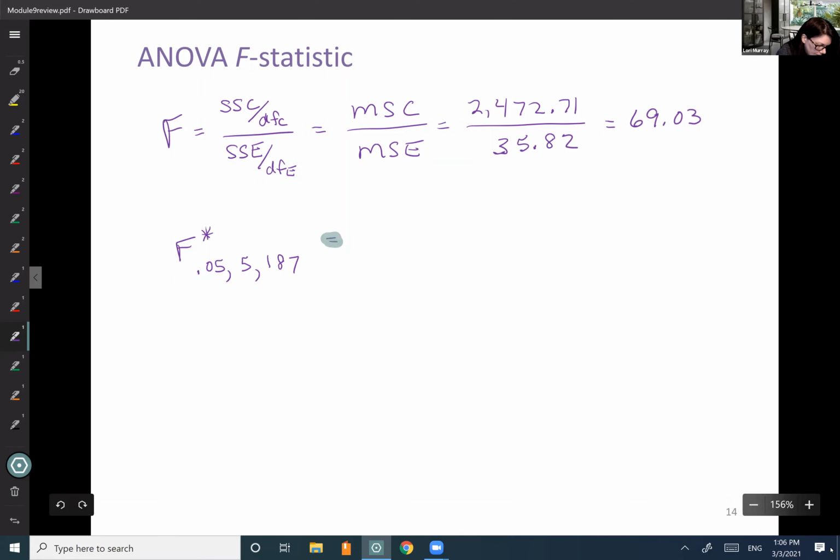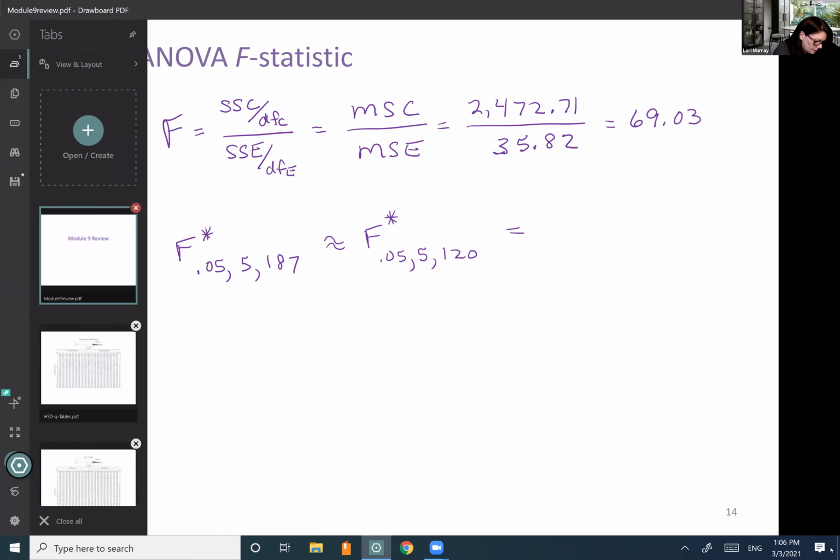Our table doesn't go up to 187 degrees of freedom, so we're going to use alpha 0.05, 5, and 120, which is the maximum degrees of freedom for the denominator. It'll be close enough. And we'll go there.